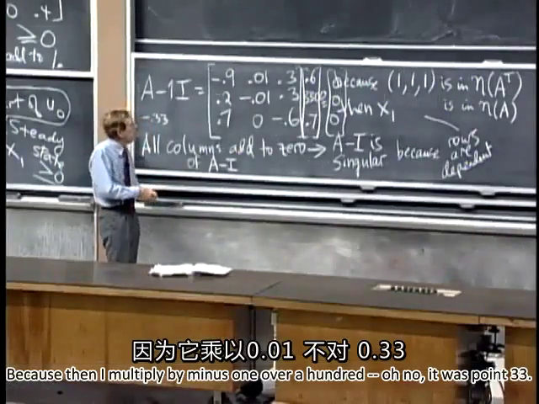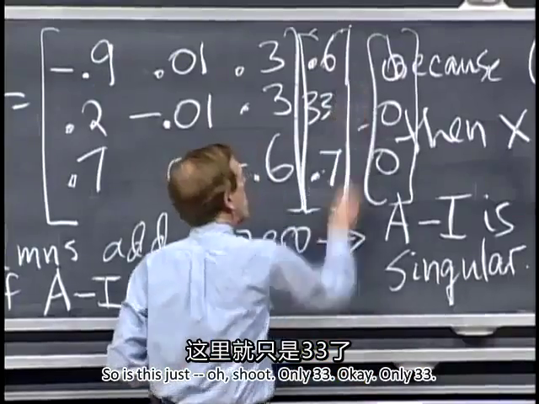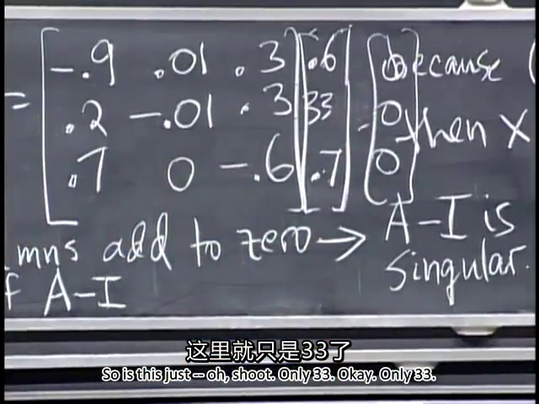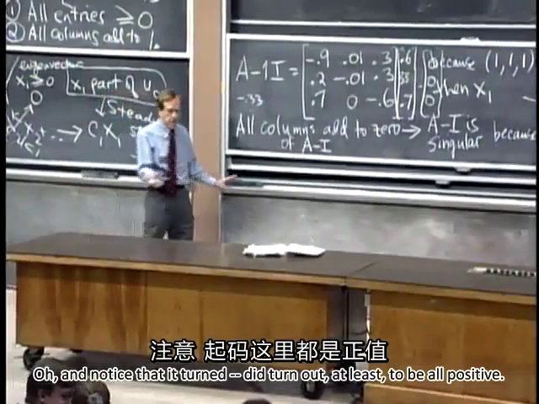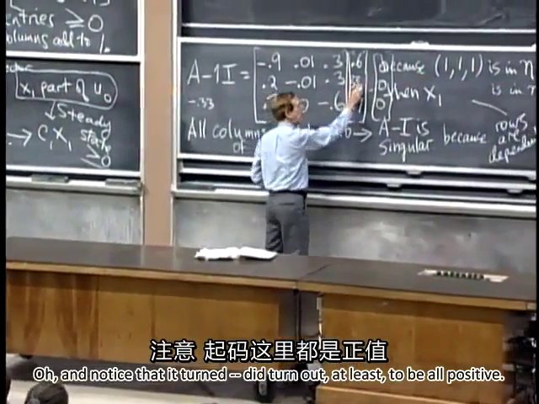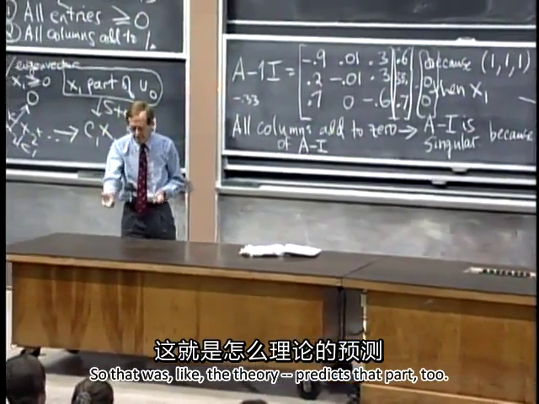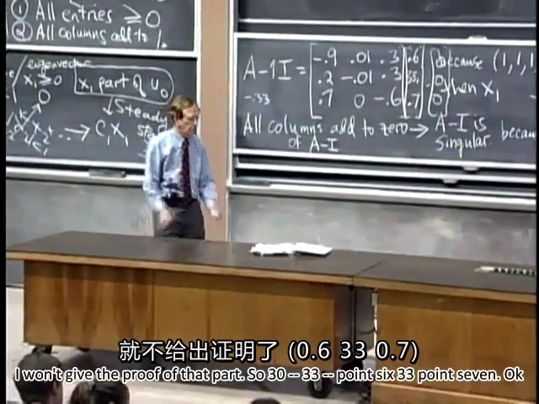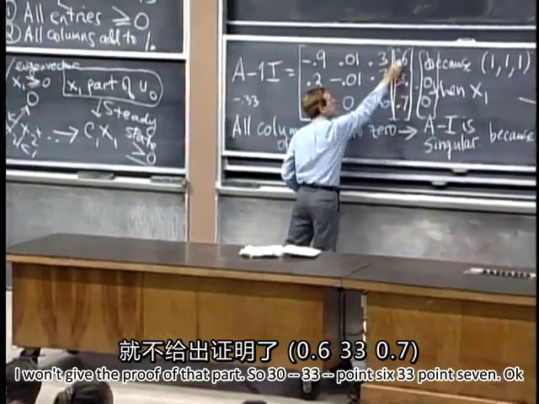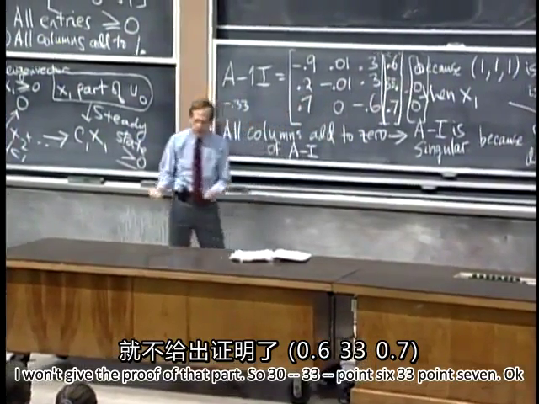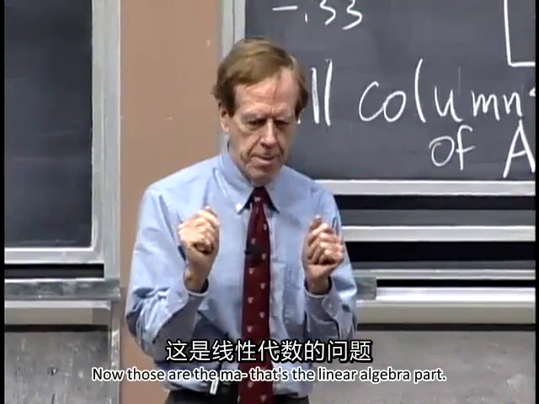Oh, no, it was 0.33. So, oh, shoot, only 33. OK, only 33. OK, so there's the eigenvector. Oh, and notice that it did turn out, at least, to be all positive. So that was like the theory predicts that part, too. I won't give the proof of that part. So 33.6, 33.7.